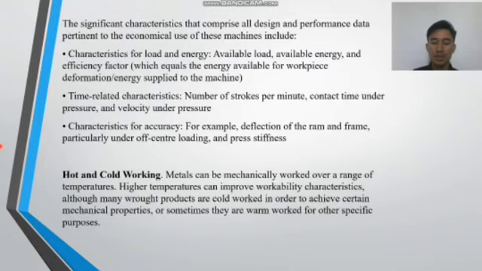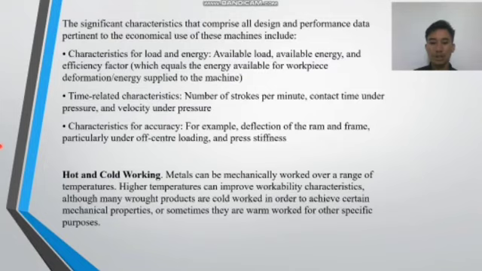Time-related characteristics: number of strokes per minute, contact time under pressure, and velocity under pressure. Characteristics for accuracy, for example, deflection of the ram and frame, particularly under off-center loading, and press stiffness.